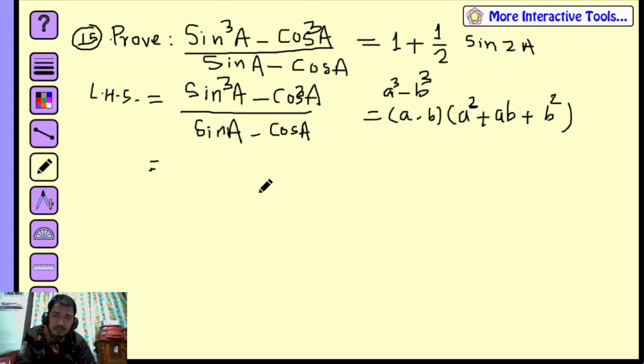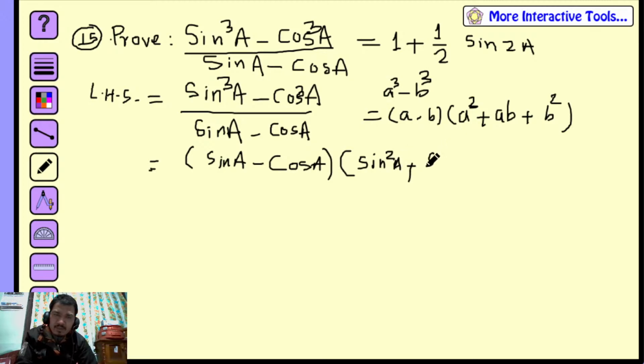And in place of a there is sine, that's why we have to write a minus b means here sine A minus cos A, okay. Write like this. And down there is the same, and here is another factor left, a square. A square means we have to write sine square A, and there is plus ab.